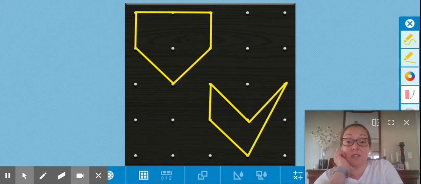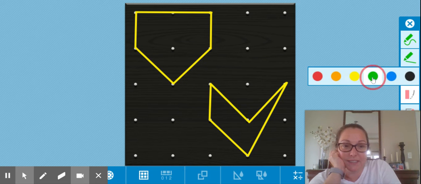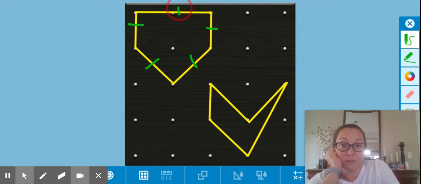Okay, so as you can see here on this slide, we have 2 different shapes. We can call them polygons. How many sides do they have? Take a look. This is where we definitely have to make a hash mark across the sides because I don't want to get confused here. 1, 2, 3, 4, 5.